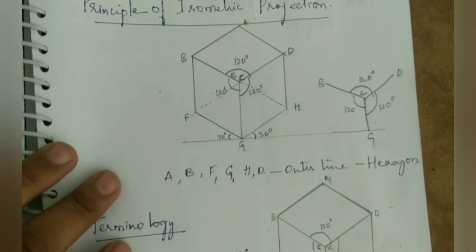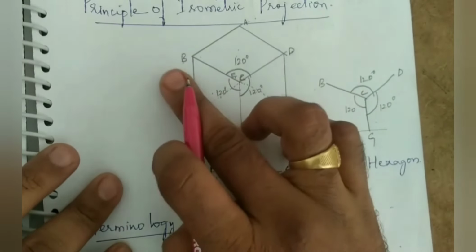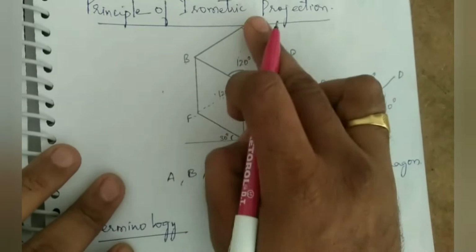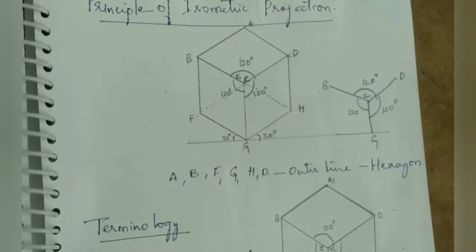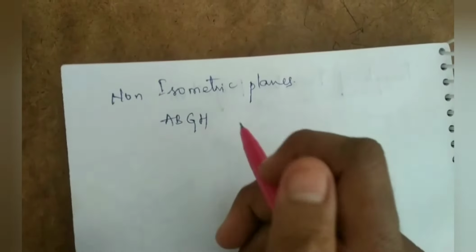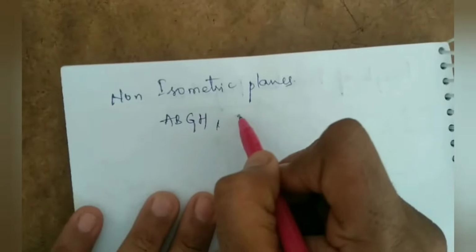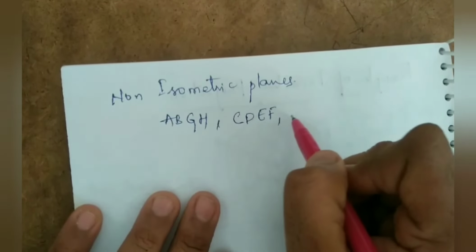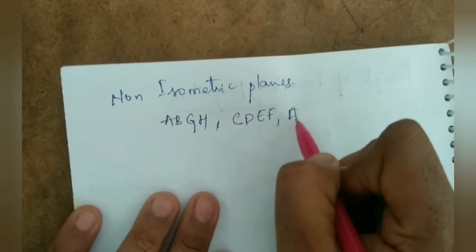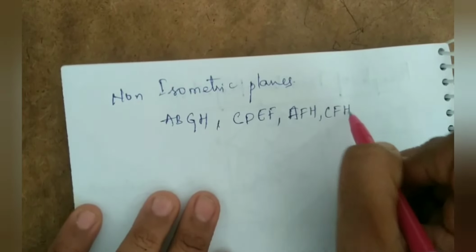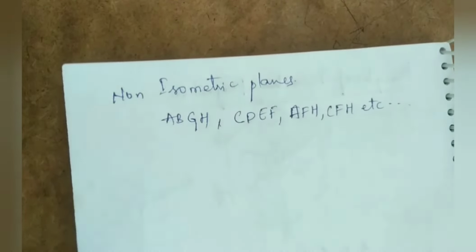Similarly, you can mark the other points also, and go through the figure: C, D, E, F, AFH, and CFH, etc. So these are the non-isometric planes.